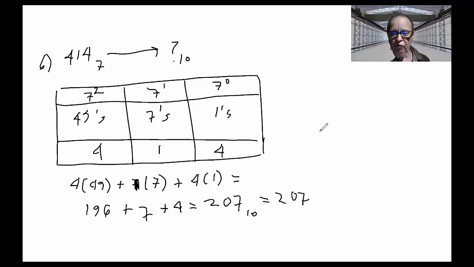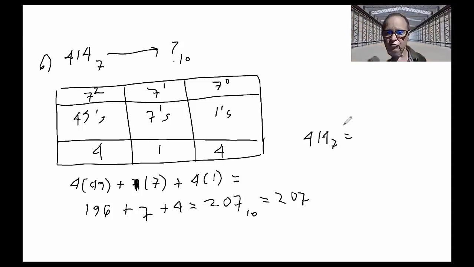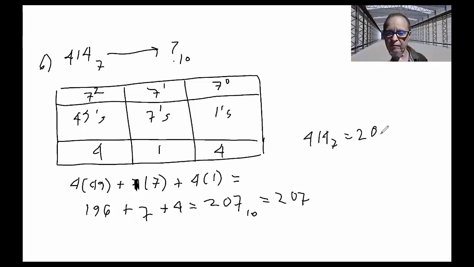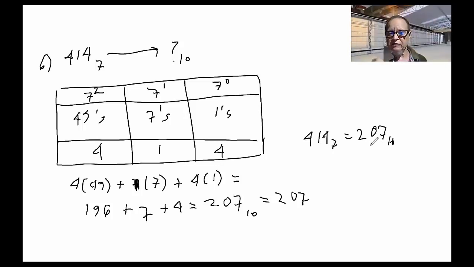So 414 base 7 is equal to 207 base 10. So they mean the same thing, but their bases are different.